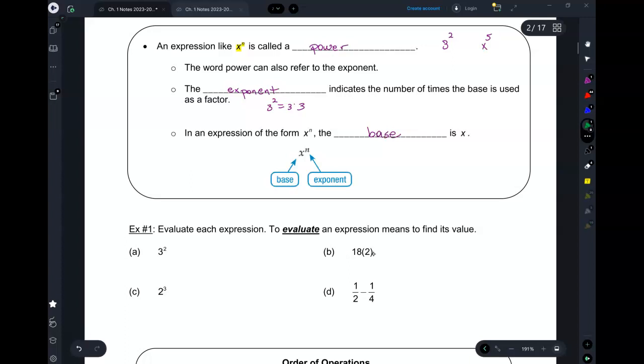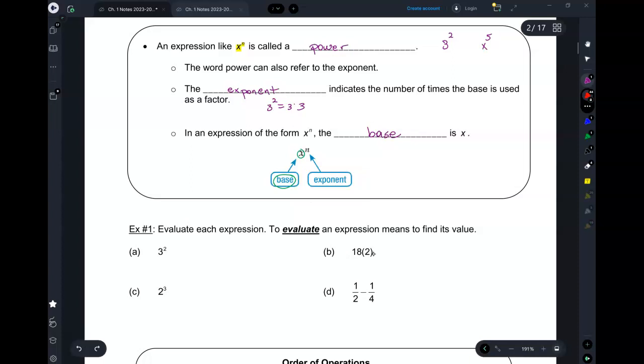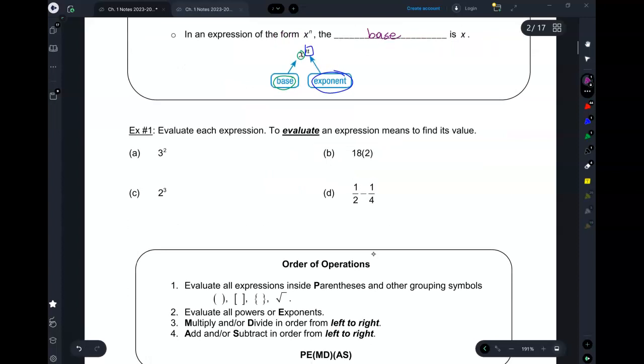Okay, so base, and then exponent. This is the exponent. Okay, questions?